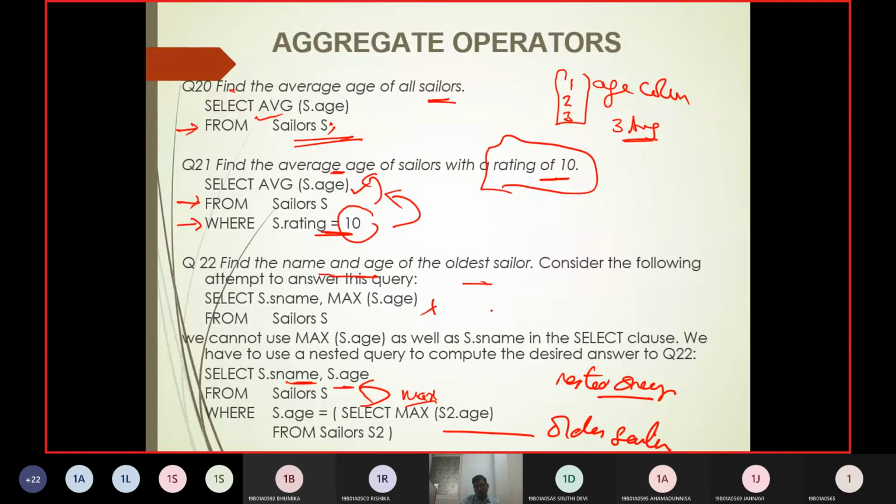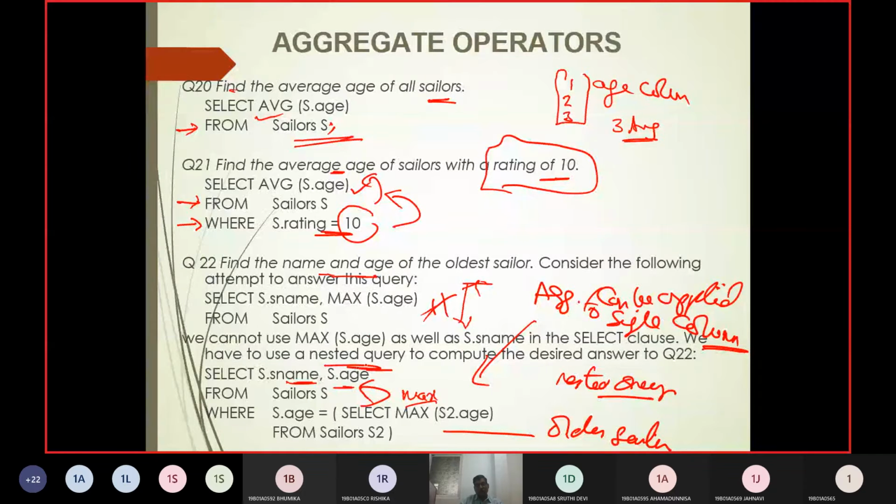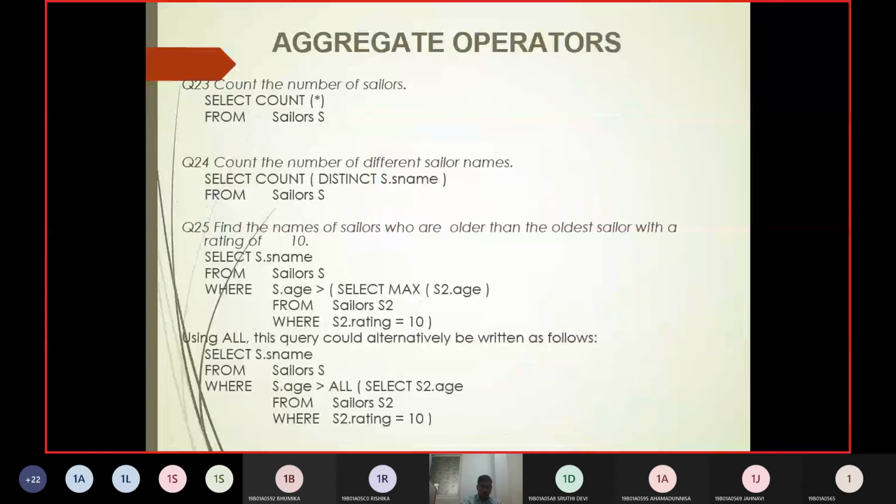Why should we do this? The reason is aggregate functions can be applied only to single columns. That was the prime reason, so we are not encouraging mixing them in the same query, and we use the concept of nesting to derive the clear-cut output.